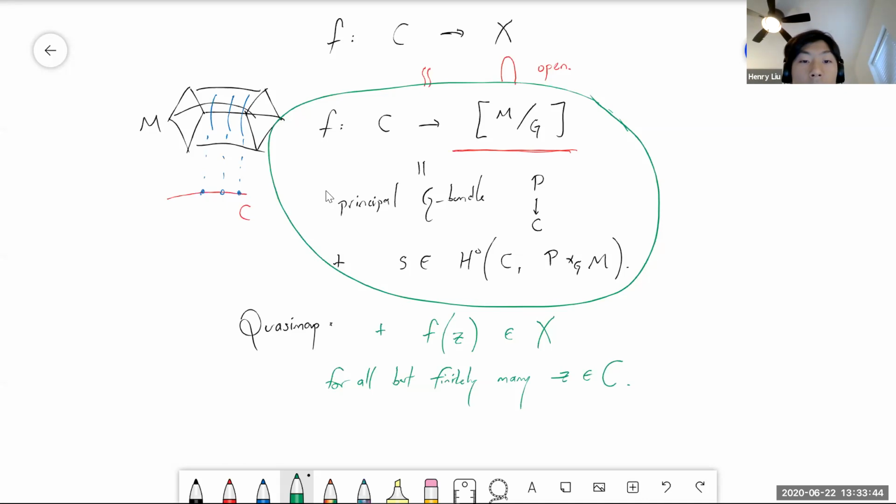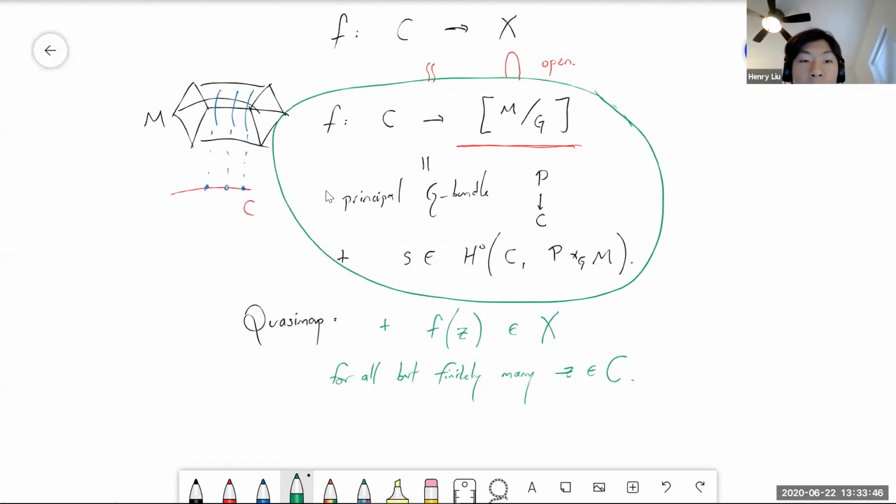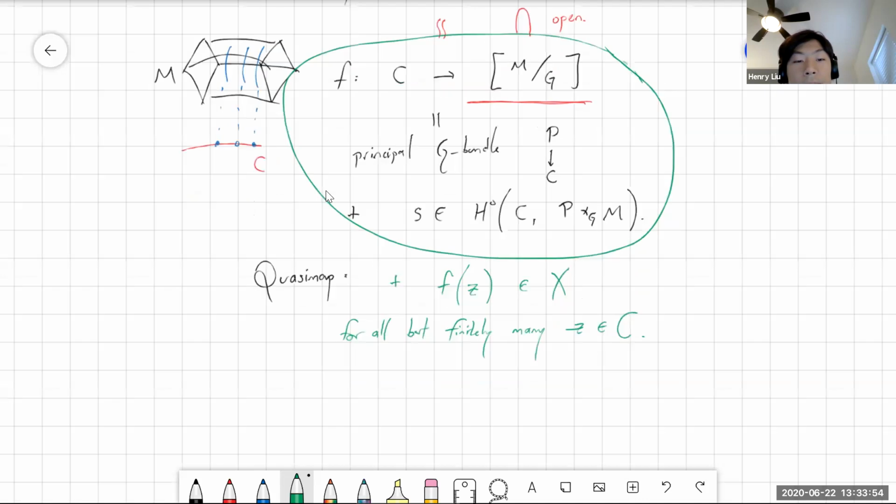Okay, so this is some compactification of the locus of actual maps from your curve C into your space X. Okay.